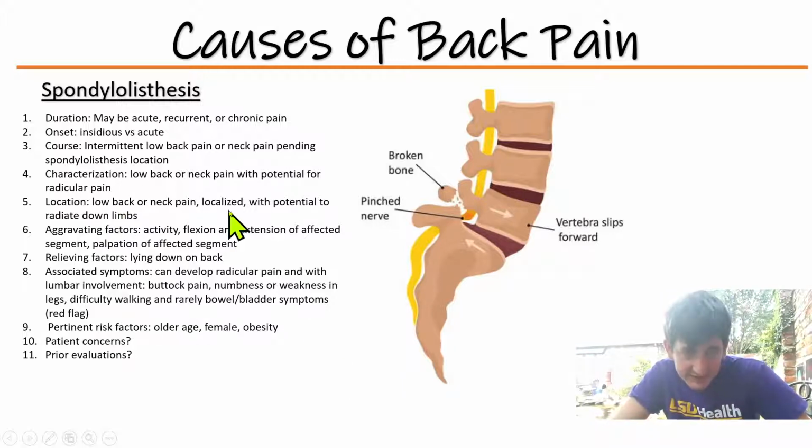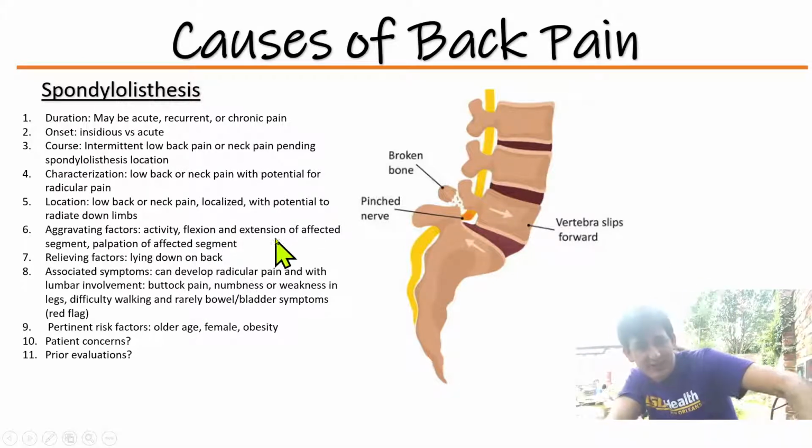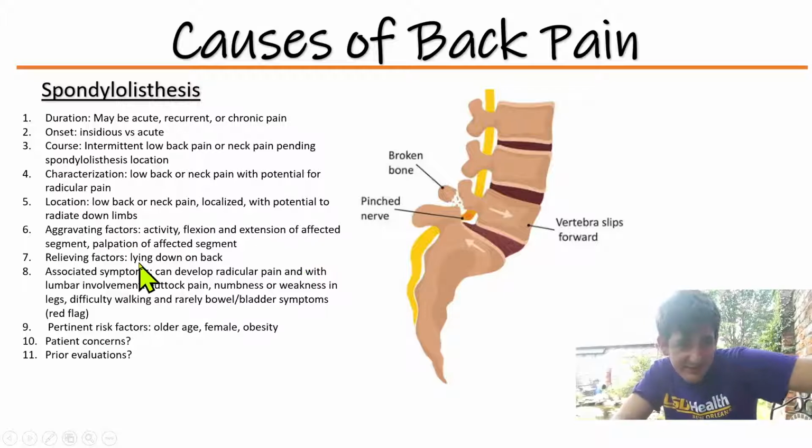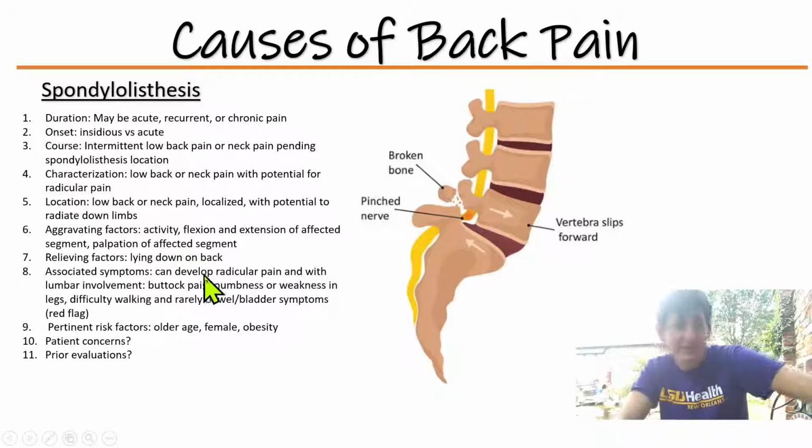Location, low back, neck. Localized with potential to radiate down limbs. Aggravating factors, activity, flexion, or extension of affected segment, and palpation of affected segment will cause pain. So tender at the level of the spondylolisthesis. Lying down on your back will help relieve the pain.